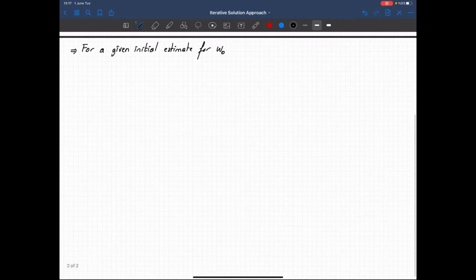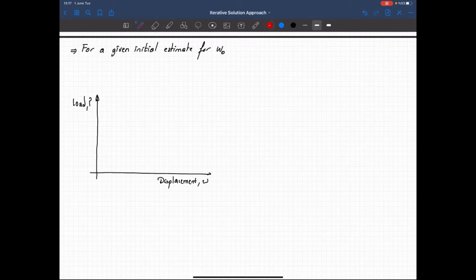So again, let's use a figure for that. Let's say that I have the following load deformation curve. That's load P. And I have the displacement W here. And let's say that that's the nonlinear curve that we want to trace.